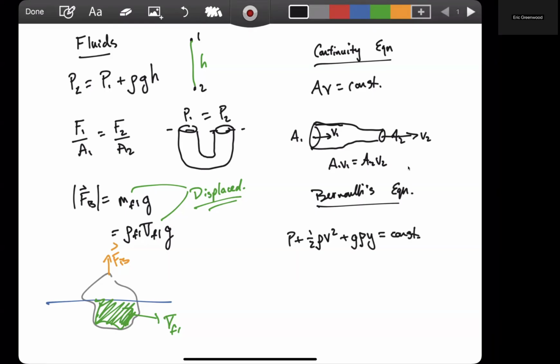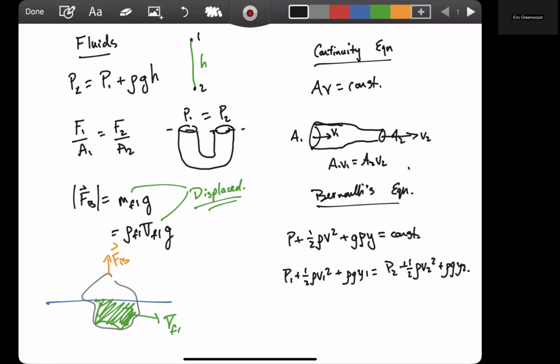All this means is that at any point, the pressure plus 1/2 the density times the velocity squared plus the density times g times y must be equal to a constant. So ultimately, it just means P1 plus 1/2 rho V1 squared plus rho g y1 must be equal to P2 plus 1/2 rho V2 squared plus rho g y2. So that's pretty much about it when it comes to things like this.